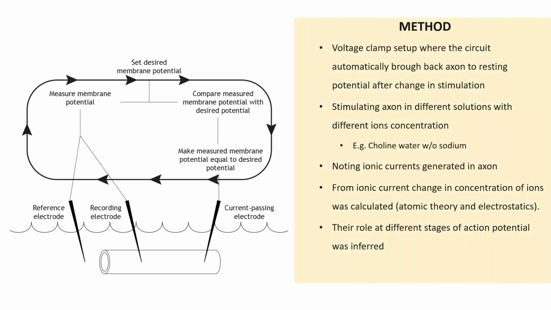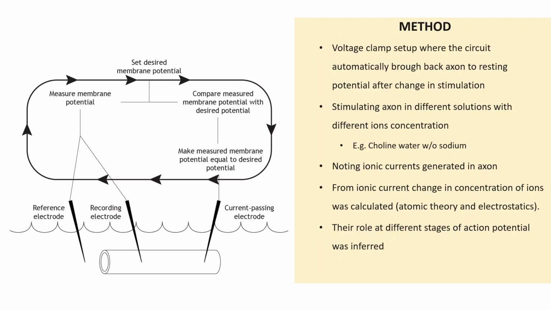Basically, they put electrodes inside the axon of the squid, and started changing the concentration of the solution. In their voltage clamp setup, it was a certain form of circuit that brought the cell back to its resting state after some electrical signal was stimulated or change of concentration of solution was done.